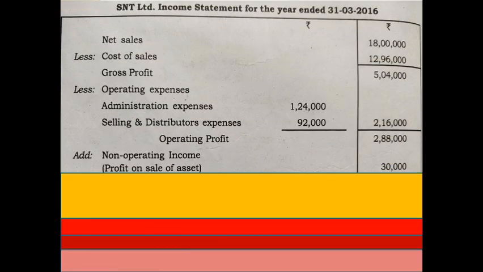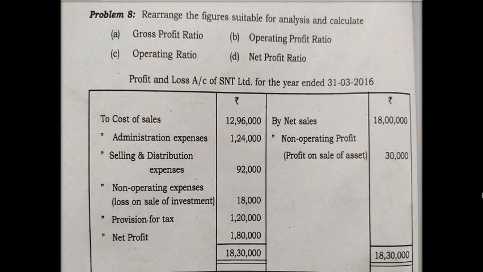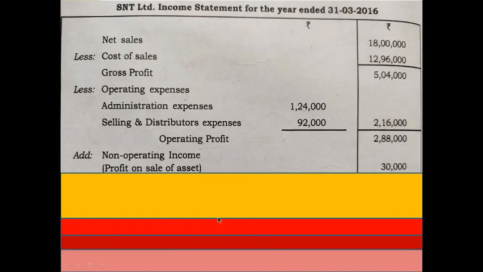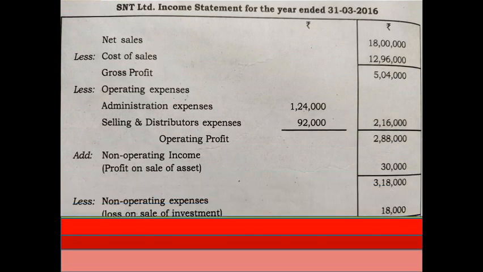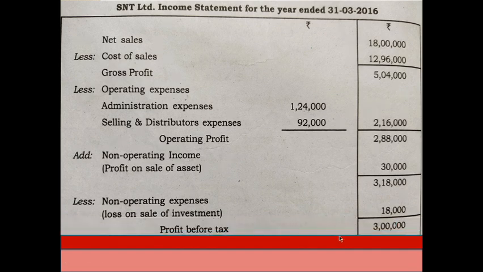So from operating profit, you will add non-operating income that is given in the question, profit on sale of asset 30,000. And next you need to deduct non-operating expenses, that is loss on sale of investment 18,000. You will get profit before tax. As per the statement, you need to adjust the tax.